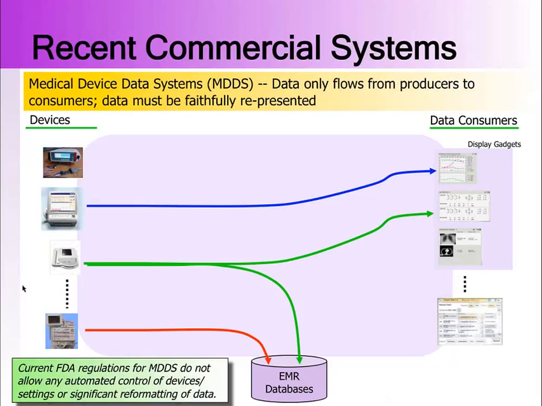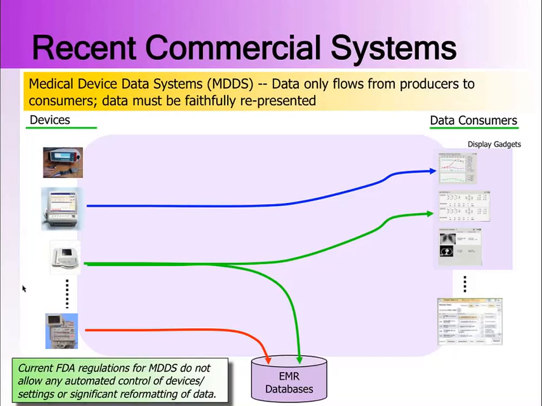And so current FDA regulations really do not allow any automated control of devices from these remote displays or any sort of coordination that's provided by the electronic health record. Now, there's some slight caveats to that, but in general, this is the baseline. One-way flow of information across some sort of networking environment to either heads-up displays or an EHR.